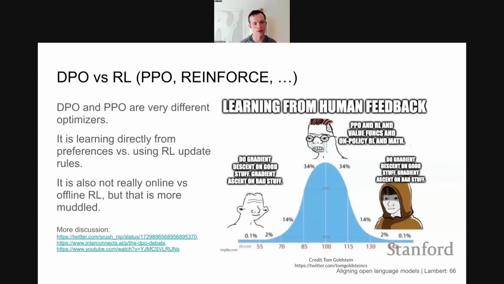In DPO, we're taking gradient steps directly from the probabilities of the language model. They're very different optimization regimes. And there's this great meme where there was a month when the whole NLP Twitter was just arguing about this, but both of them are continuing to progress, and that is good. It will not just be one or the other.